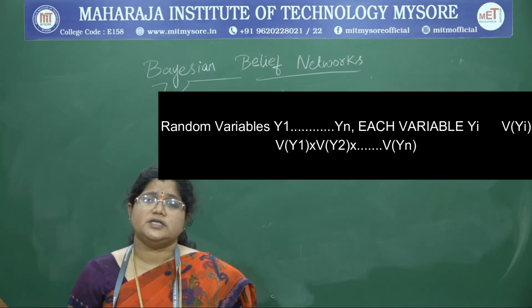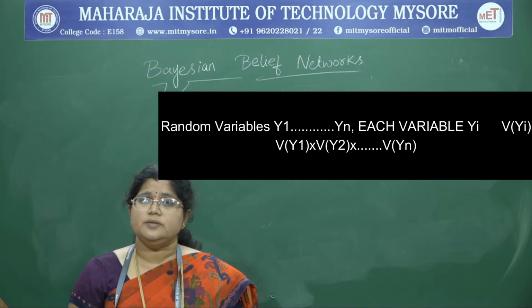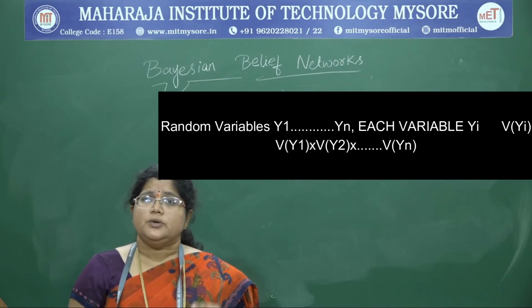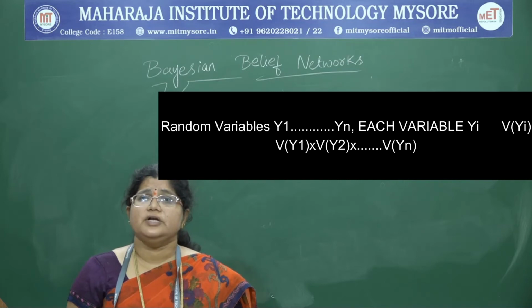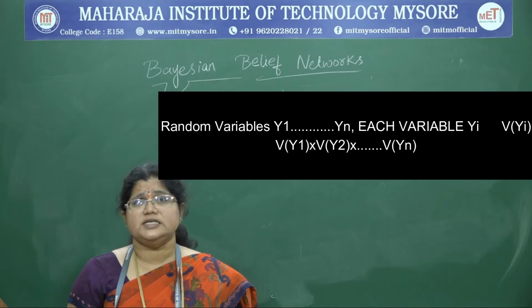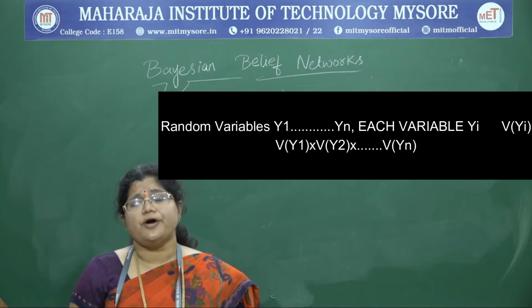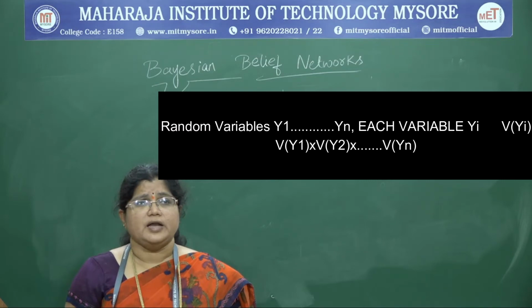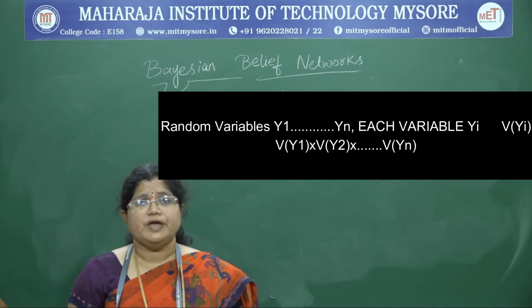A Bayesian belief network is a joint probability distribution. There will be a set of variables which depend on each other, so a conditional dependency exists. That is why the joint space can be represented by the product of the attribute values or variables.